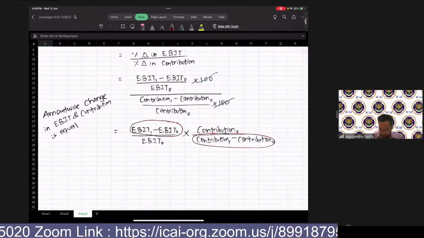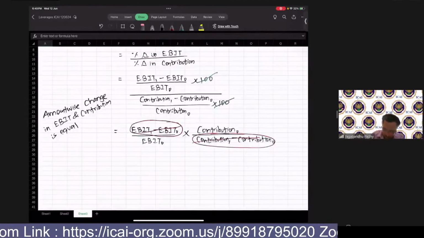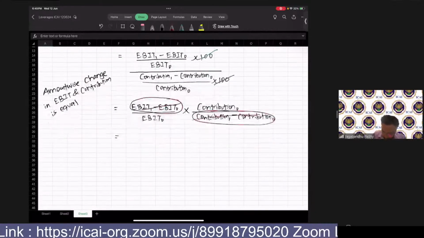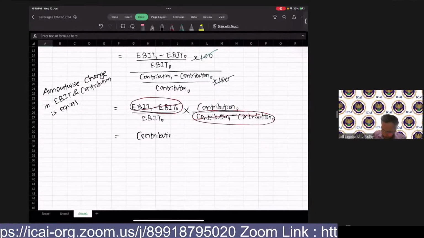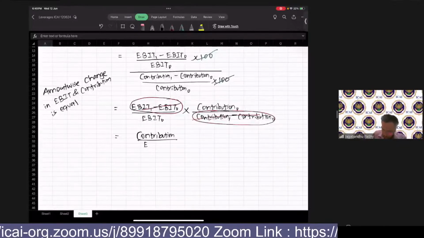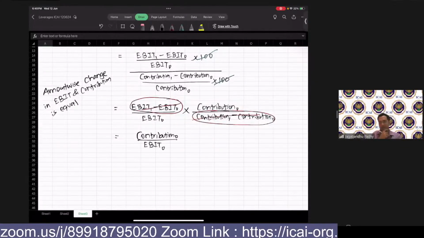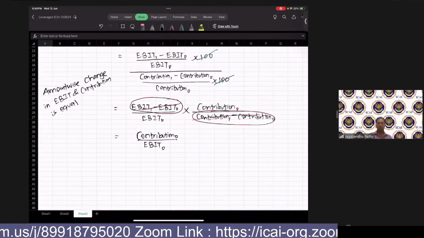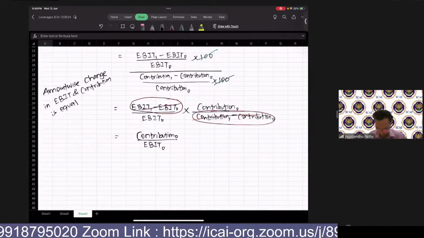So you can say both of them will get cancelled. And what we are left with finally is contribution 0 upon EBIT 0.